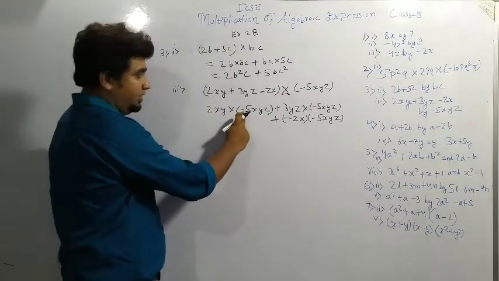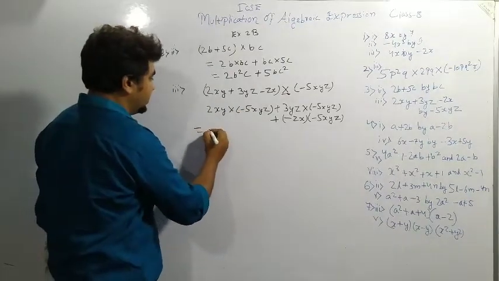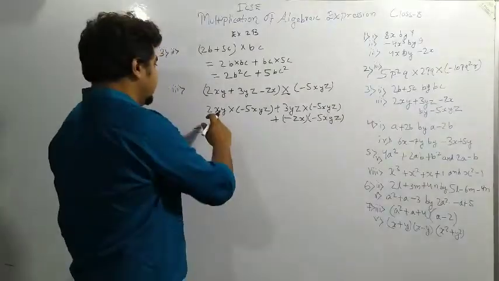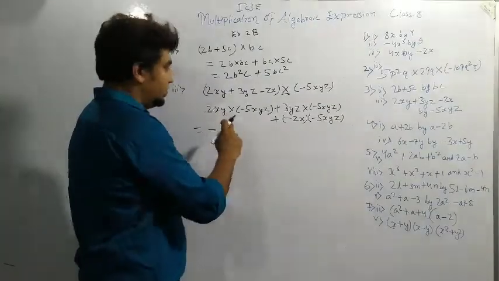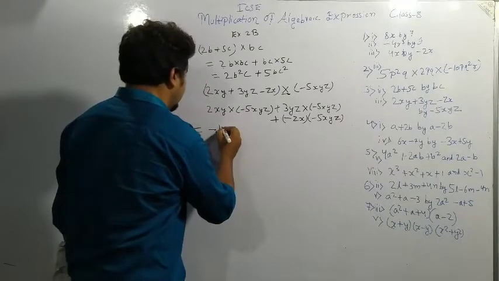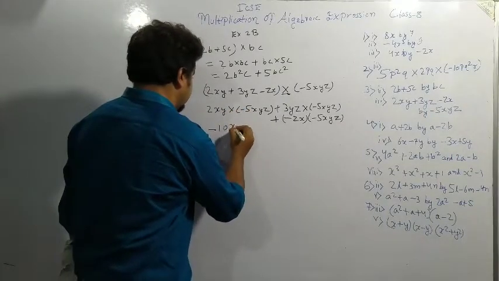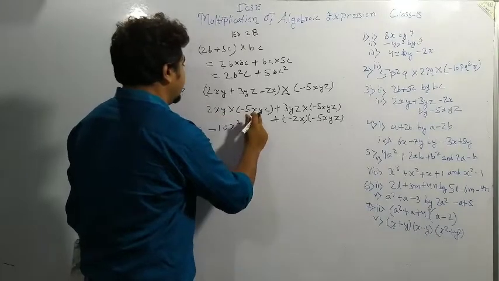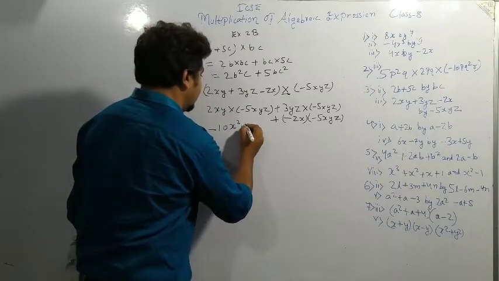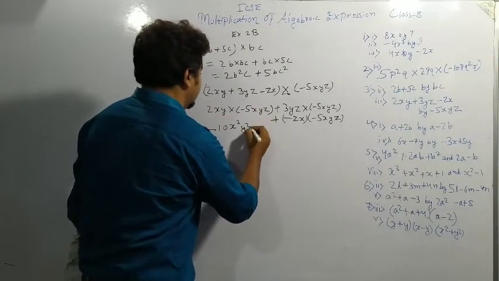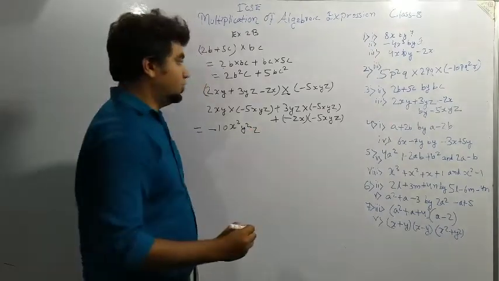So what are we able to see? First of all the minus sign. Here only one minus is there, so it will remain minus. Then the constant terms, 2 into 5 is 10. Now x into x is x square, y into y is y square, and z. This term we have got.